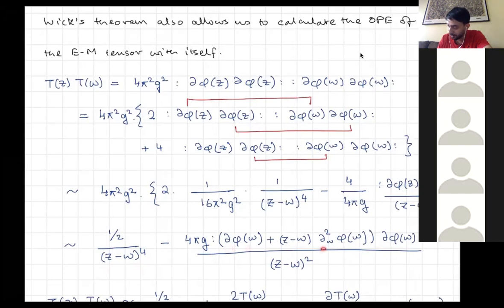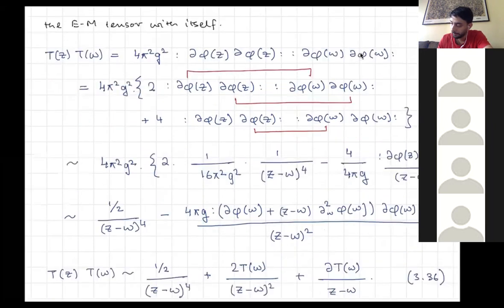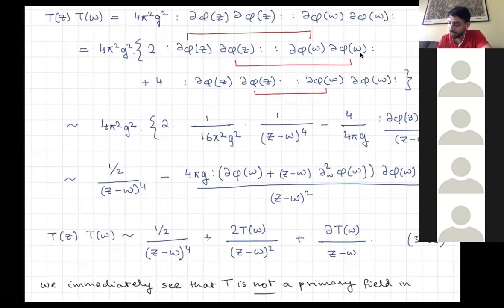Then there's a del squared phi term, which comes with a z minus omega piece. So at the end of the day, T of z with T of omega has a half into 1 over z minus omega to the power 4 piece, there is a T of omega piece, and there's a del T of omega piece.